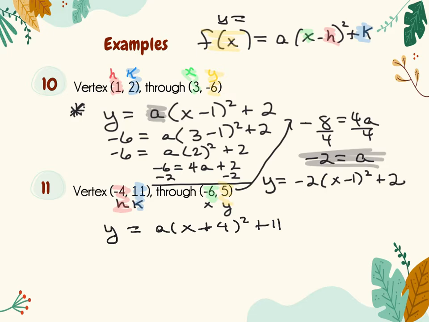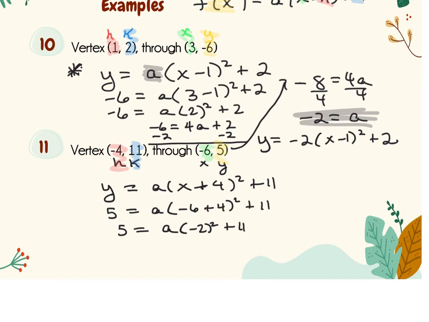Now I'm going to replace also x and y. So 5 equals, I don't know a yet. My x value is negative 6. I'm going to evaluate the parentheses. Negative 6 plus 4 is negative 2.